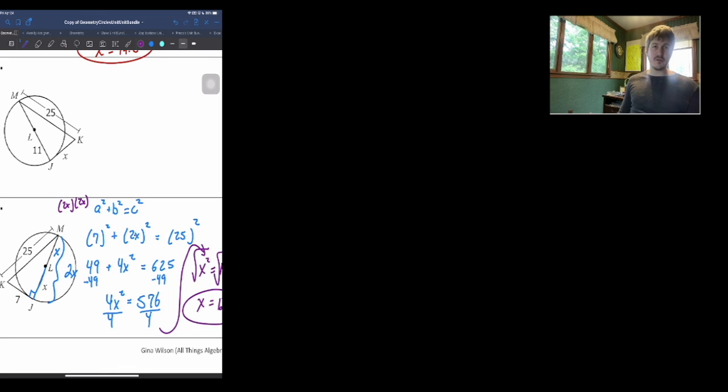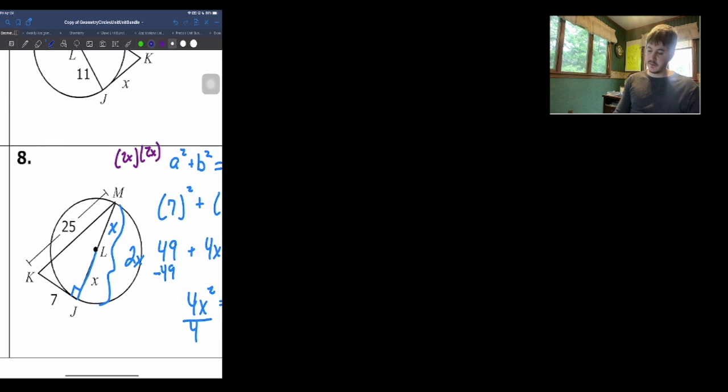So as long as your algebra is still pretty good, this all should be fine. But again, the most important thing out of all this stuff on this page is the new concept that when a radius or diameter comes in contact with a tangent, they form right angles.